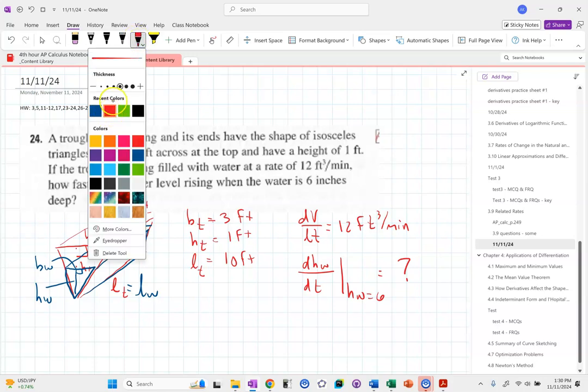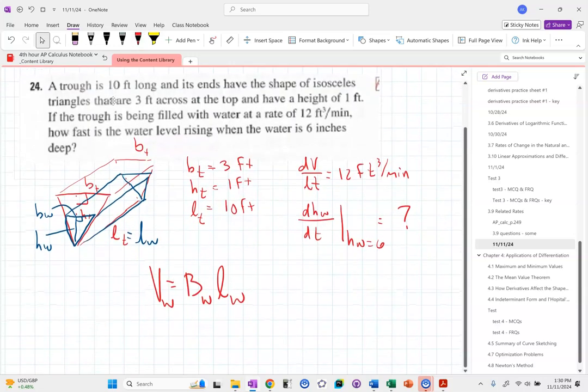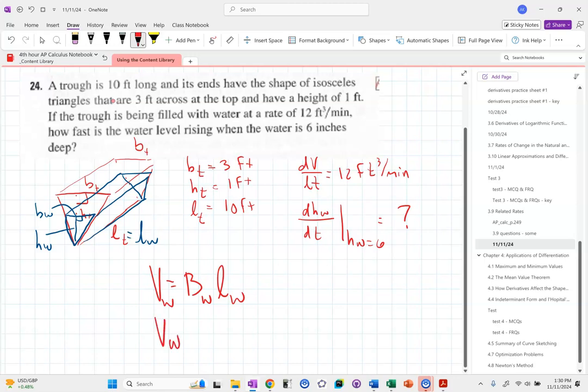So, do you remember the volume for a prism? The volume for a prism is going to be the area of the base times, let's say, the length. And what shape is the base? Triangle.